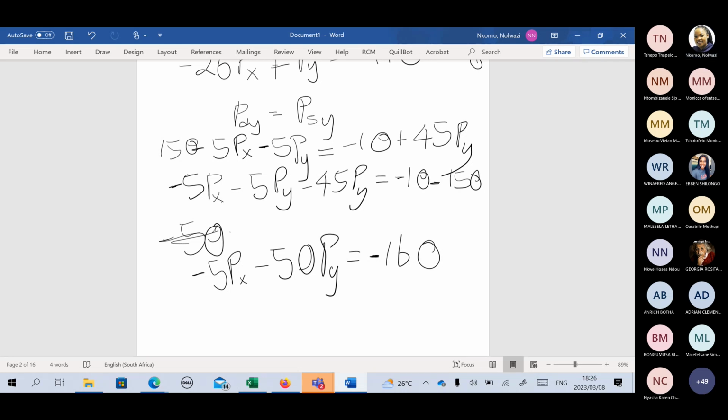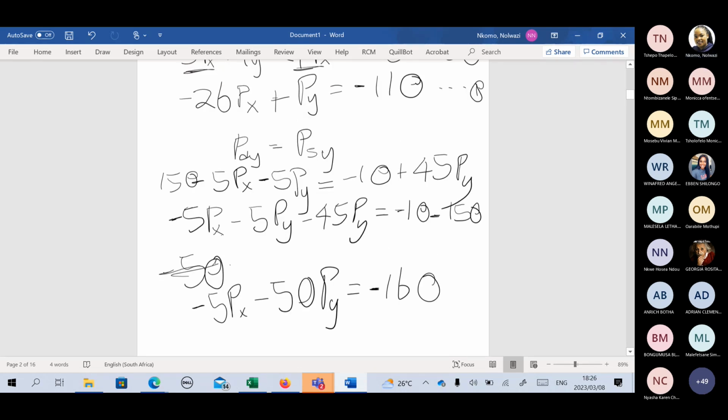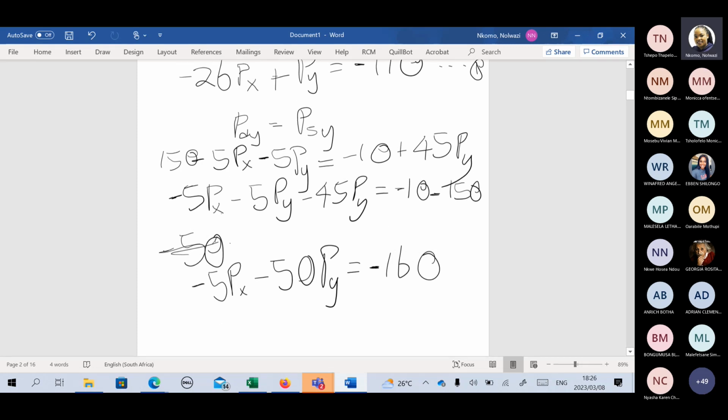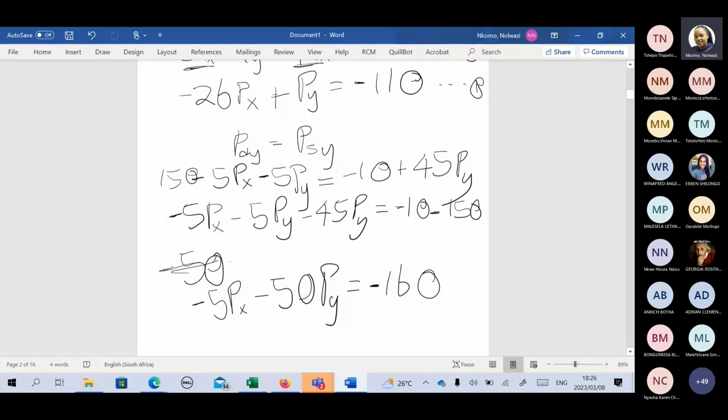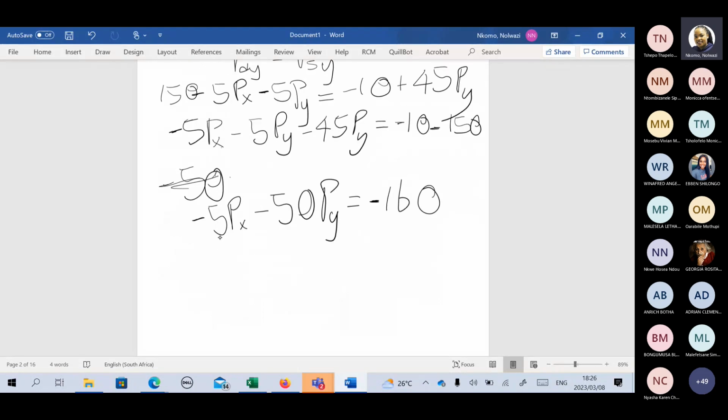Okay, we have two equations now. We have this as our equation 1, and we have this as our equation 2.